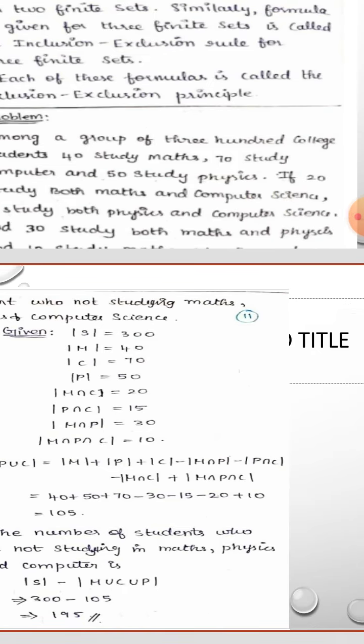But the question is you have to find how many students are not studying all the three subjects. So the number of students studying the subjects is 105, but you have to find the complement. Complement means we have to subtract the number 105 from the number of students. How many students in the college? 300 students.